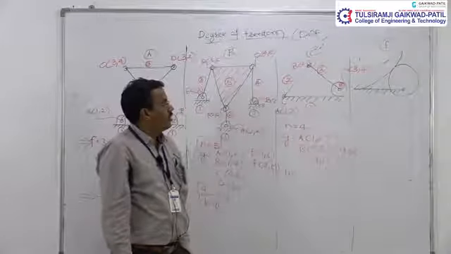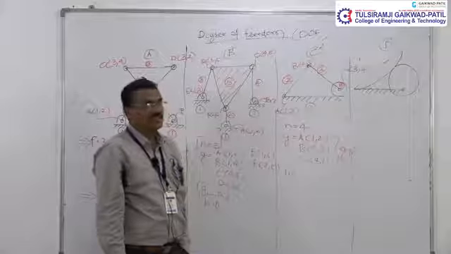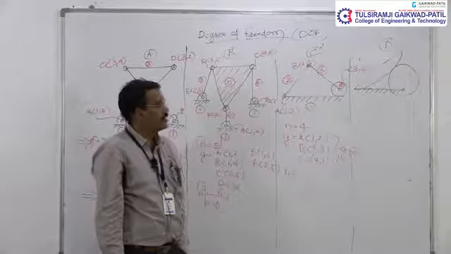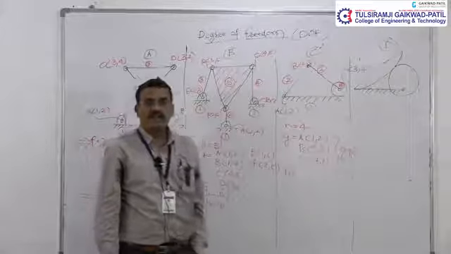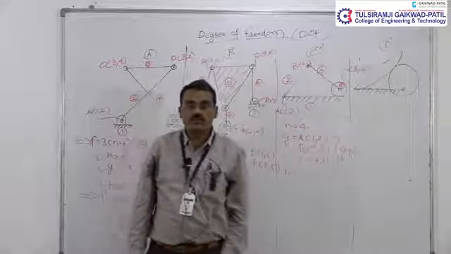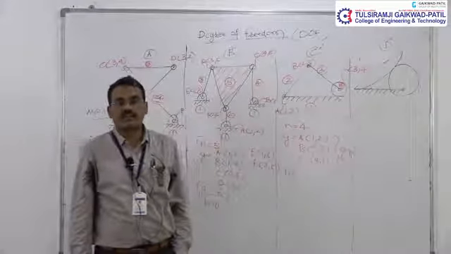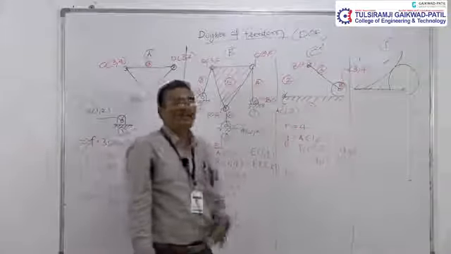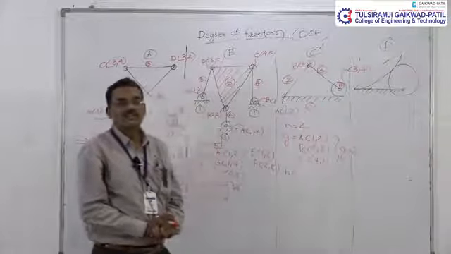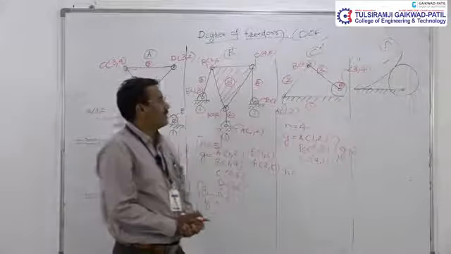If a higher pair exists in the mechanism, how do we calculate it? As I already told you, the higher pair is always formed by a curvature of the circle. Now in this numerical, a circle is present, so it must have a higher pair.